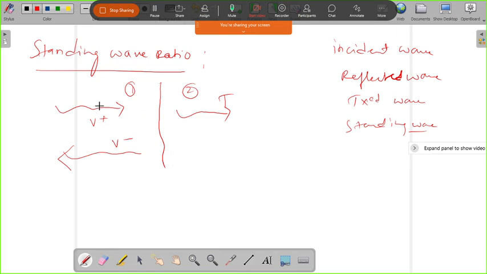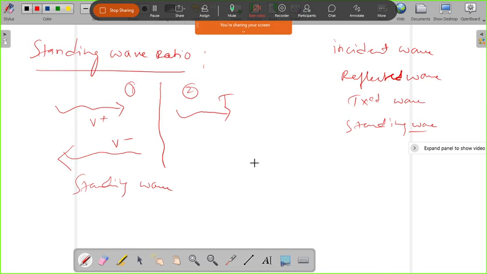Now because of this reflection, the reflected wave again disturbs the incident wave which is coming. So the combination of this incident wave and reflected wave will form the standing wave. That is, incident and reflected waves will produce the standing wave on the transmission line or two conductor system.